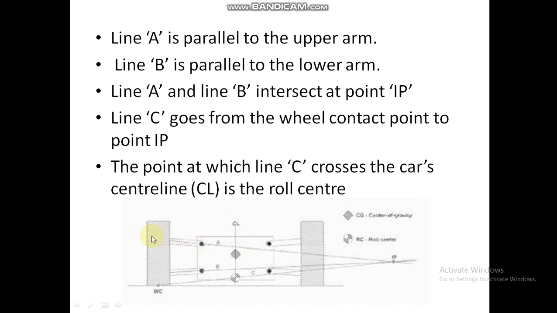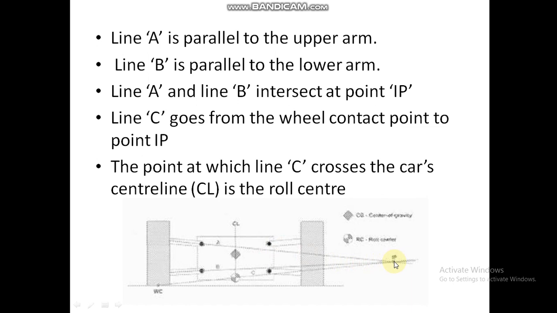Now this is your vehicle, and see, line A is parallel to upper arm. This is your suspension system, and this upper arm, this is line A. Line B is parallel to lower arm, and these two lines meet at point IP.